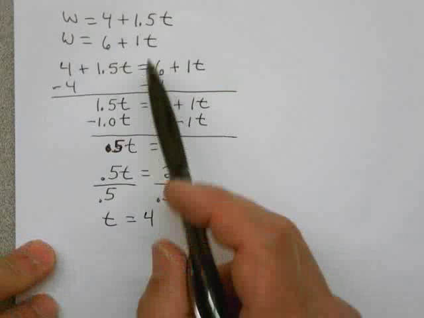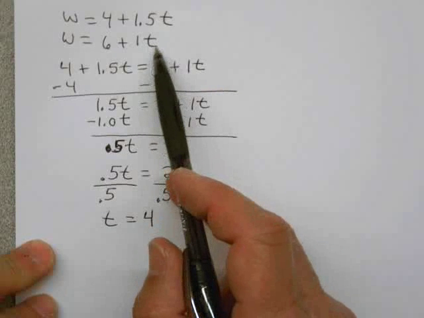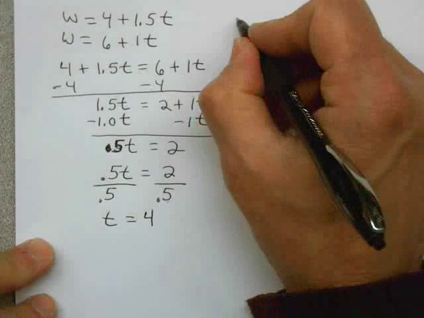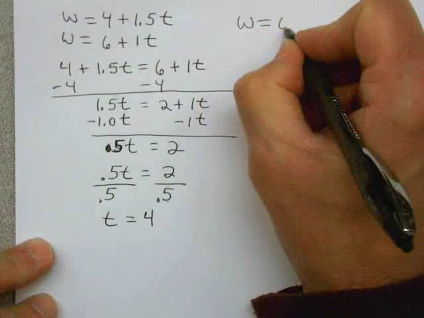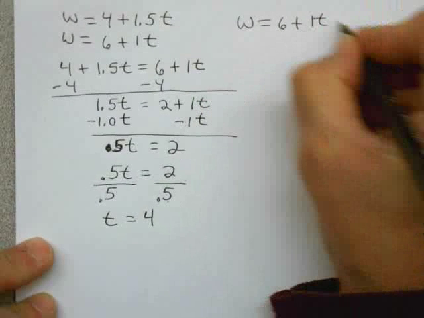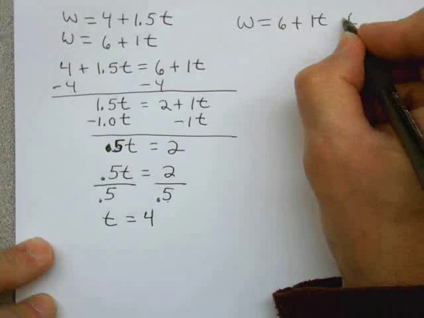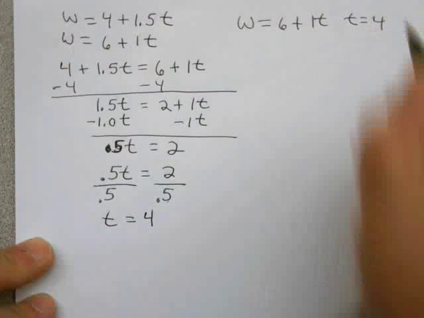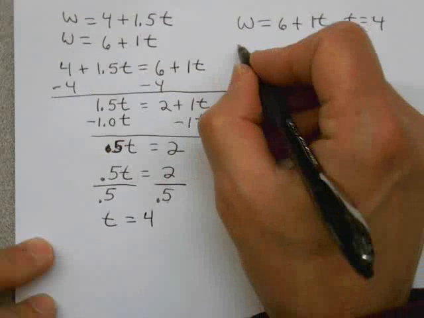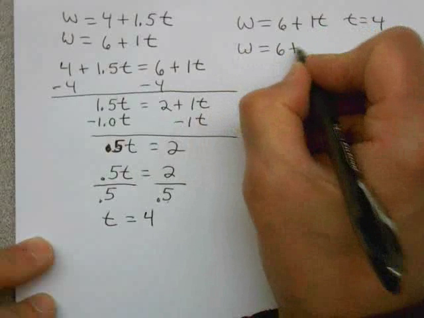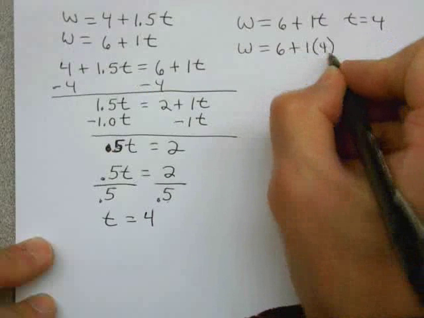And I'm going to pick this equation to substitute in because I think it's simpler to work. So W equals 6 plus 1T, and T, of course, as we already solved, equals 4. In other words, W equals 6 plus 1 multiplied by 4.